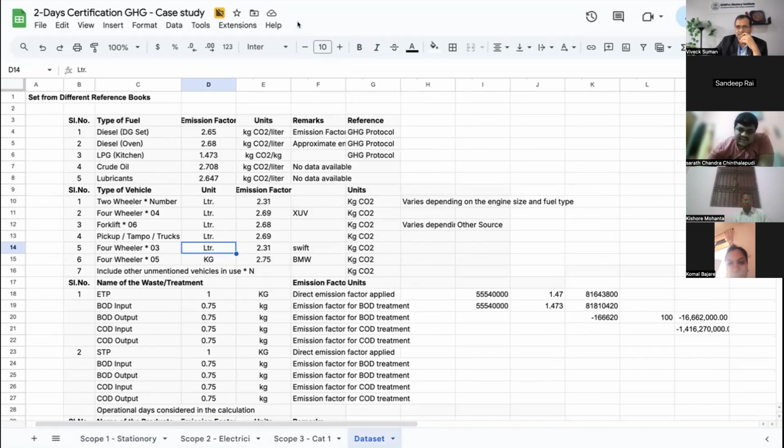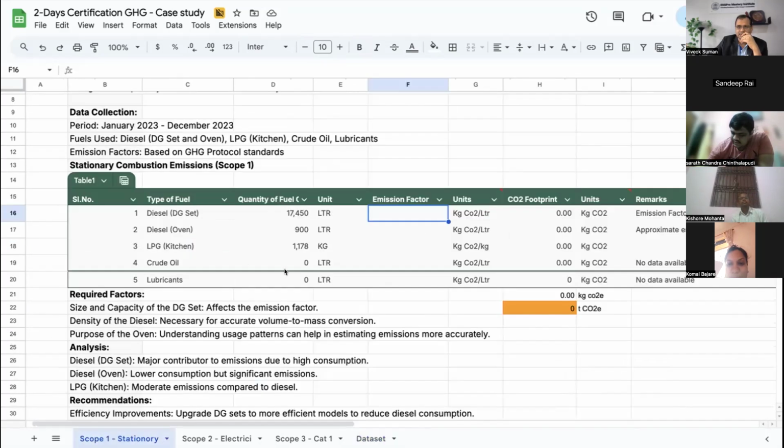For a DG set, the emissions will be higher compared to an oven, so the factor could also differ. Okay, I'm asking why. Why will there be a higher emission? That's why a higher factor. Very good rationale there that there might be higher emission and hence a higher factor. But why? That's the learning we want to have today. So give me that reason so everybody gets benefited today and gets the enlightenment which they are looking for.